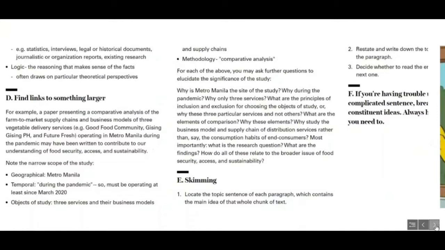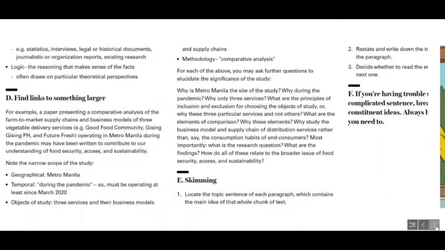My local community. So you can limit the geographical scope of your study to your town in Cebu or in Samar or wherever else you might be embedded or whatever your location of concern is. So you can narrow the scope of your study by limiting the geographical scope.